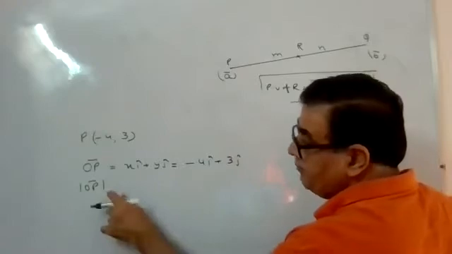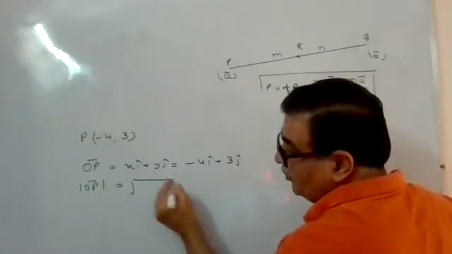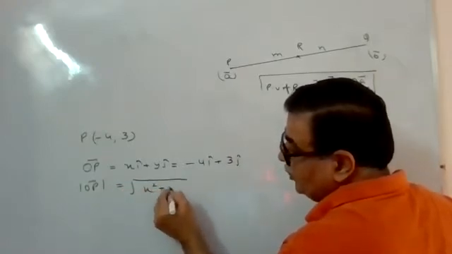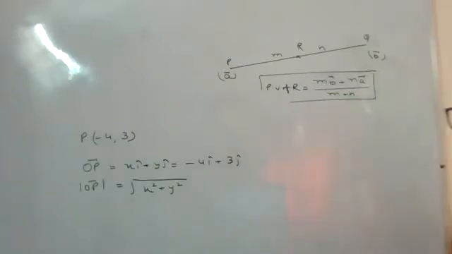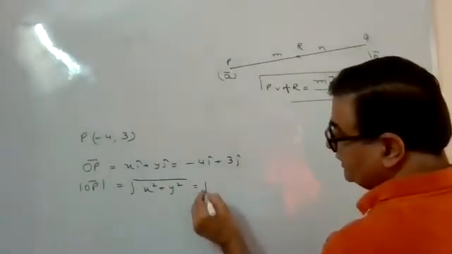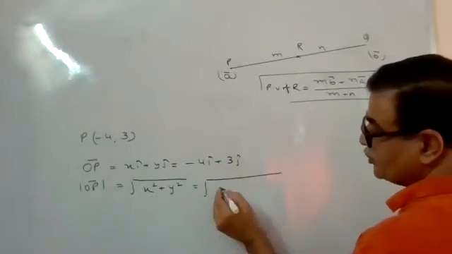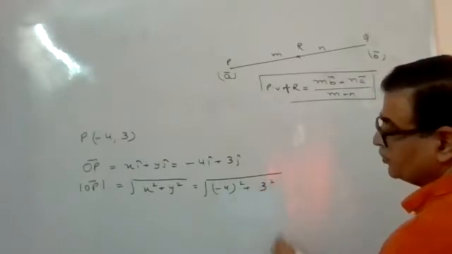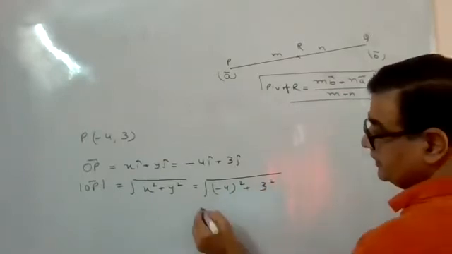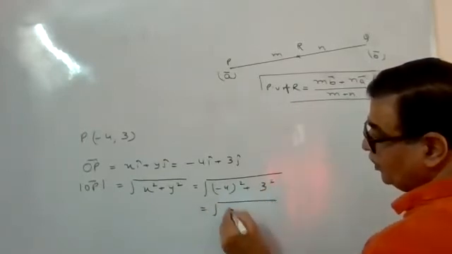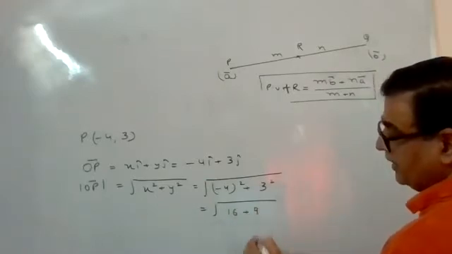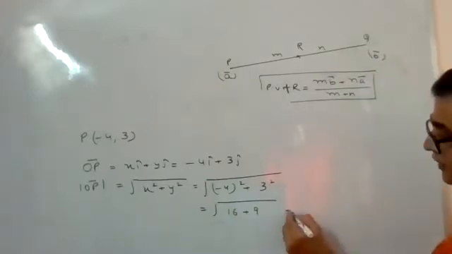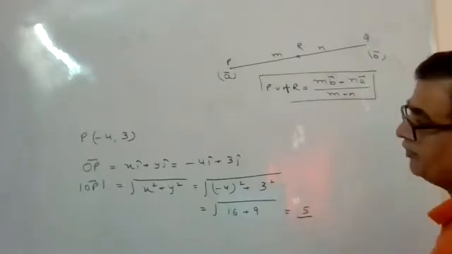And when they ask the magnitude of it, the formula says it will be under root of x square plus y square. So I write minus 4 whole square plus 3 square. Then this comes out to be under root of 16 plus 9, that is root 25, and the result comes out to be 5.